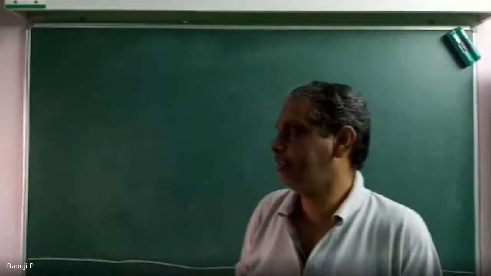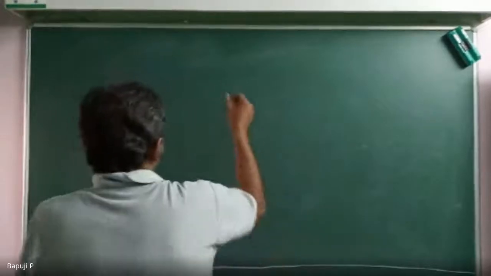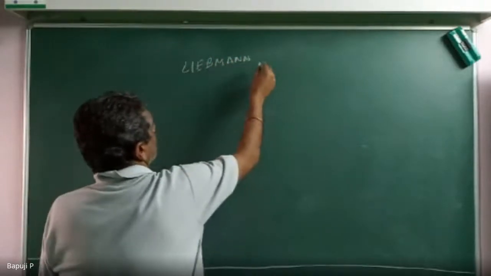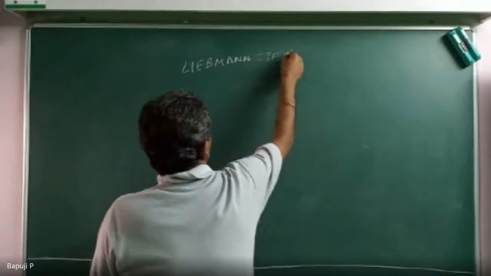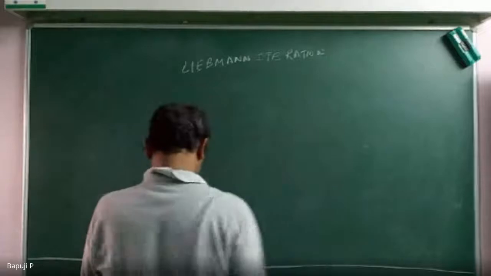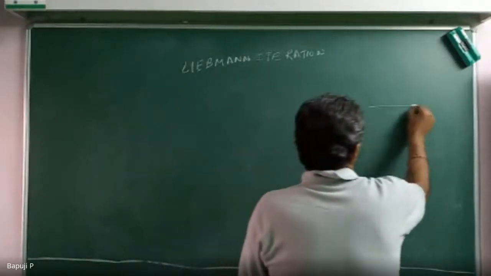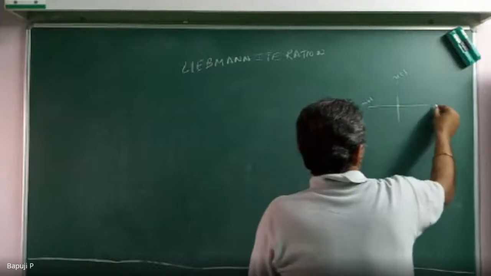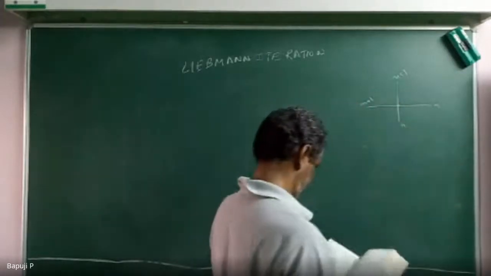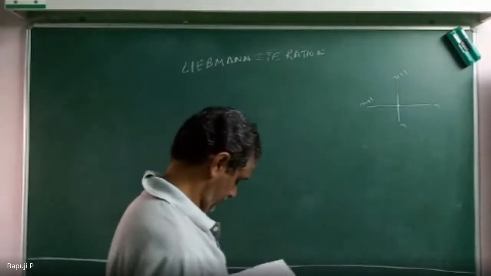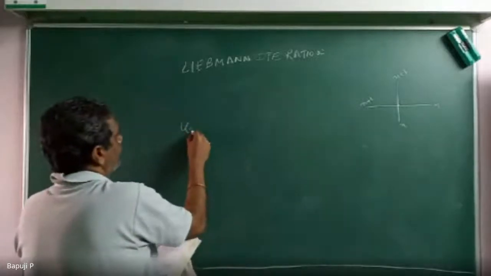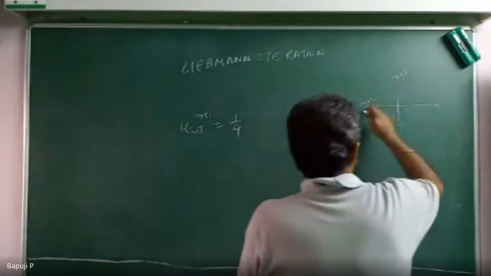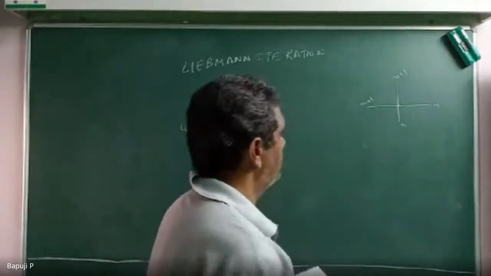For solving the iteration values, you can use Liebmann iteration. This is how you will remember the n plus 1 position. Suppose in my case it is I comma j.